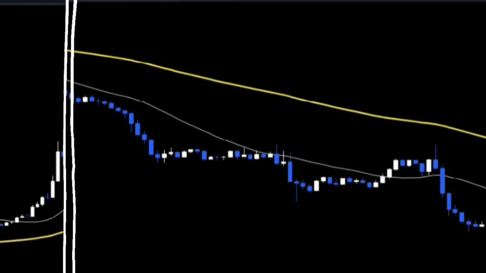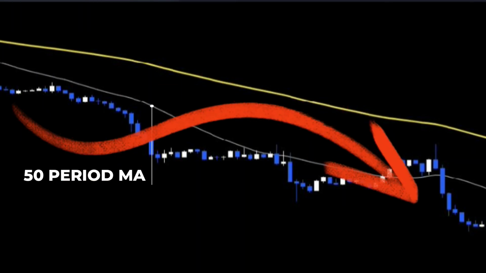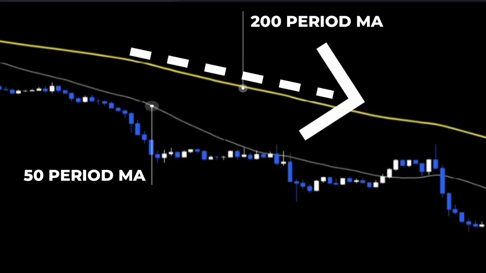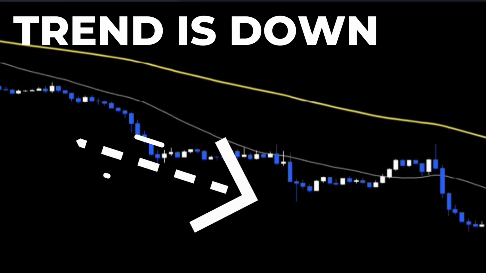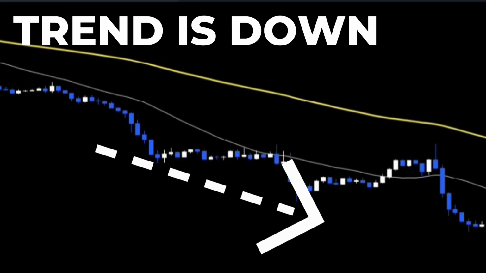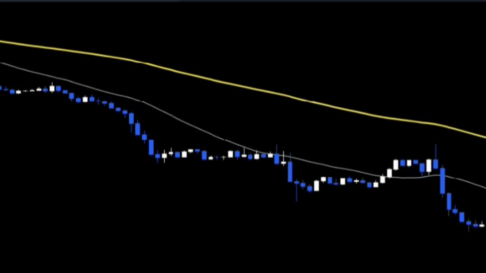On the other hand, if the 50 moving average line is below the 200 moving average line, it's like they're telling us, hold up, the trend is going down. This is a downtrend, which means you might want to look for opportunities to sell. Basically, we've got two moving averages helping us spot trends and figure out if we should be buying or selling.